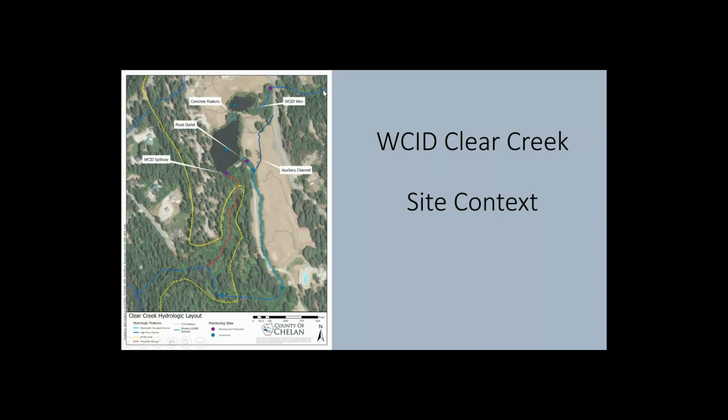So in the upper right-hand corner, here's Clear Creek coming in. It goes underneath the county road. That bridge was installed, I think, about 7 or 8 years ago. And then it goes into the upper pond.